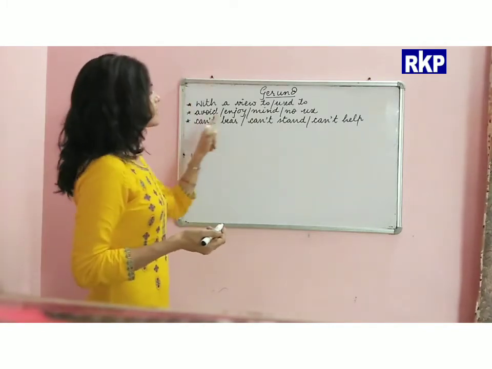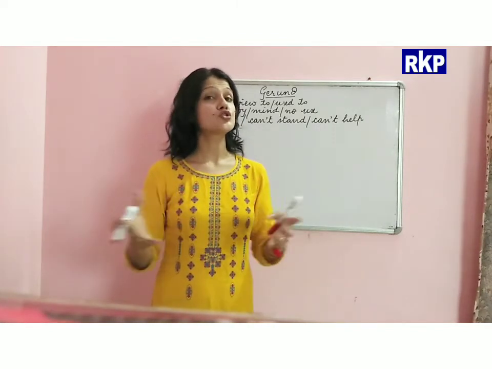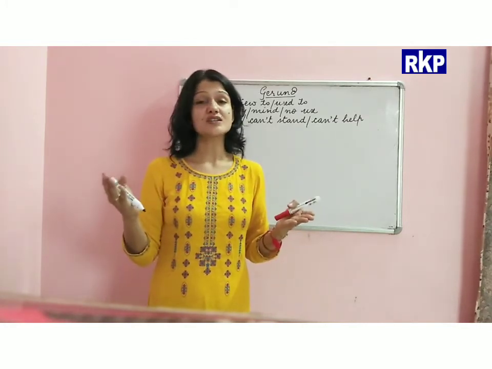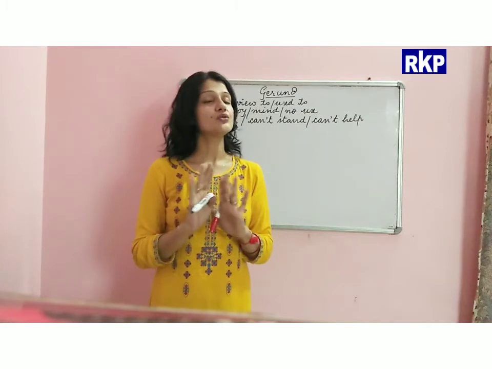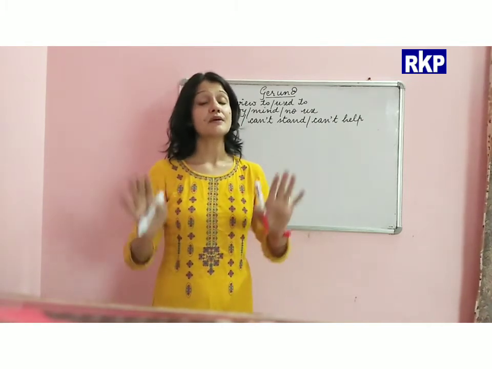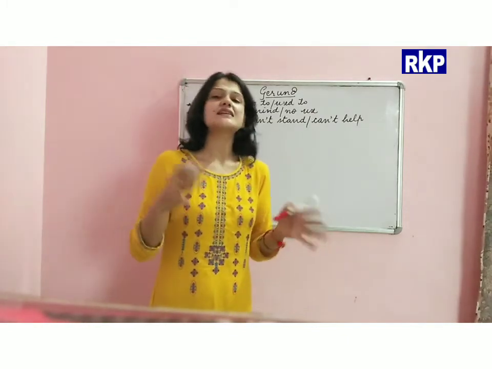First of all, can't bear means when you are not able to tolerate something, you dislike something or somebody so much that you cannot tolerate it anymore. So that will be can't bear. Next is can't stand. It is the same thing.